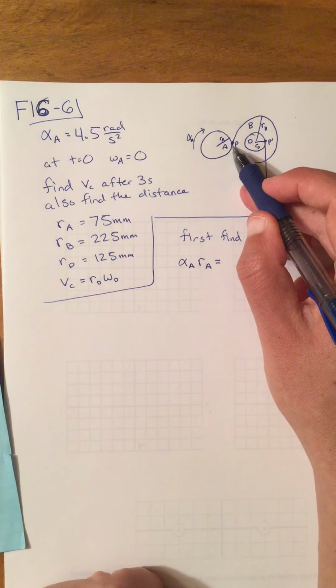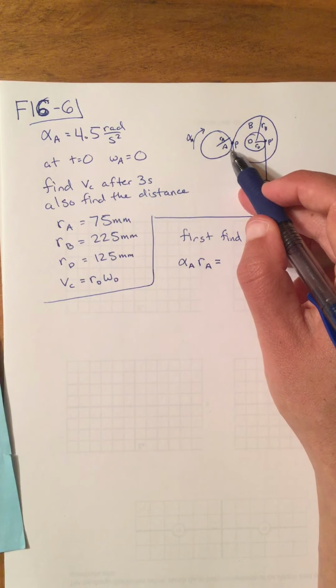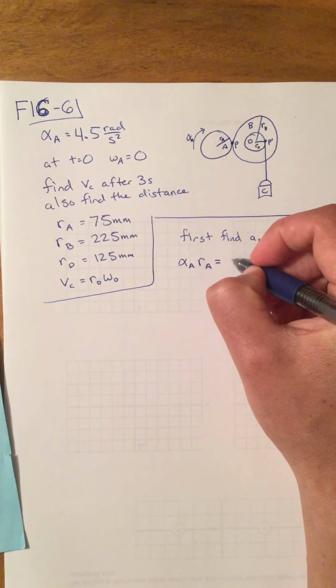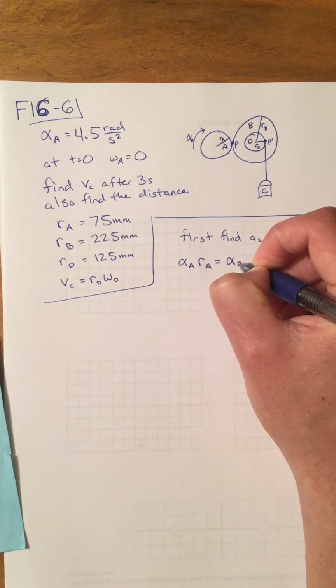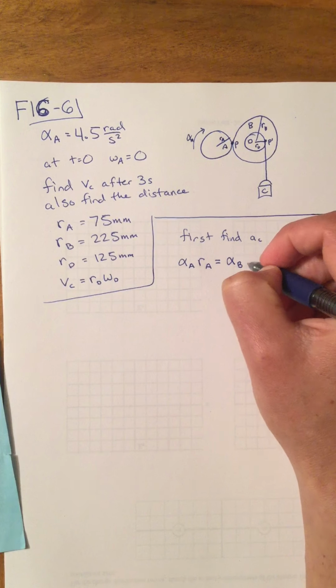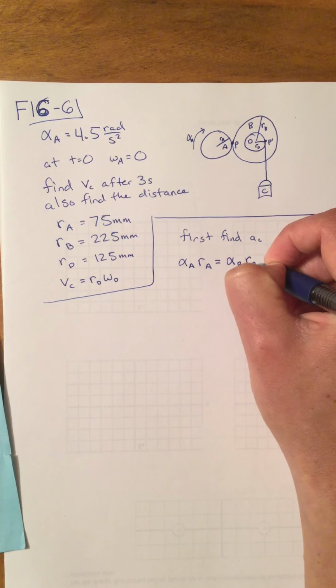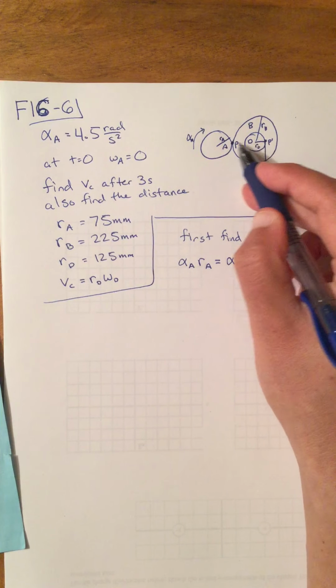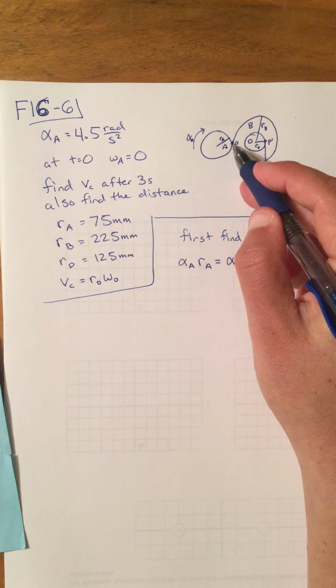But I can also write the tangential acceleration of point P using gear B. And that would be the angular acceleration of gear B times RB, which is the distance from here to that point. So this is the tangential component of the acceleration at a point on the rim of gear A and also on the rim of gear B.